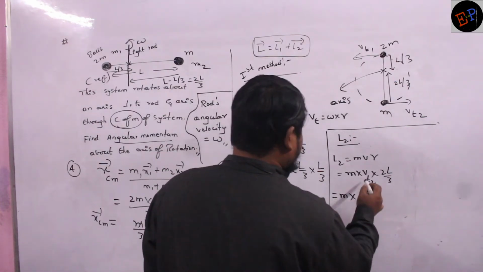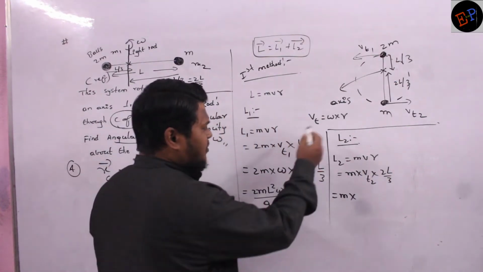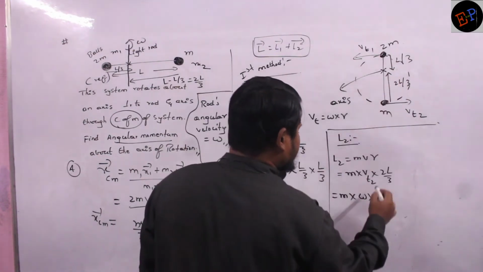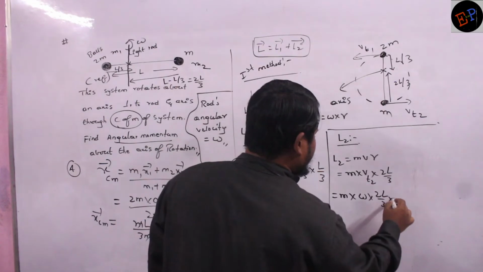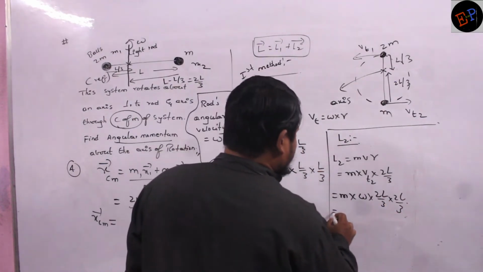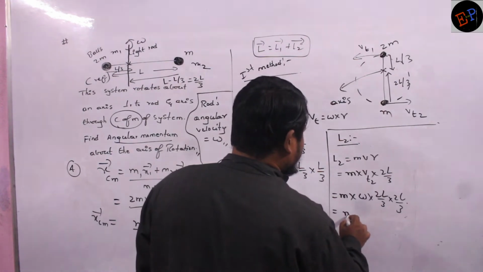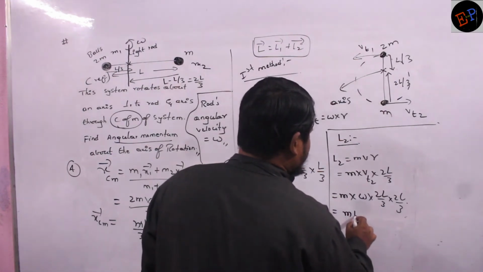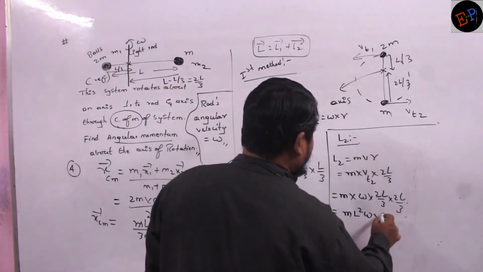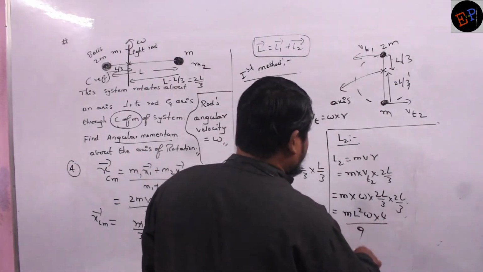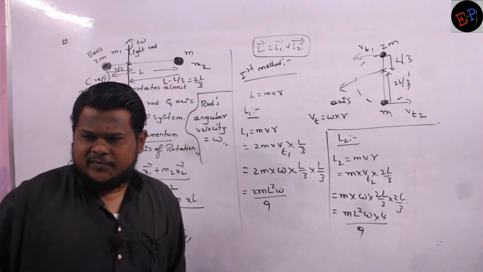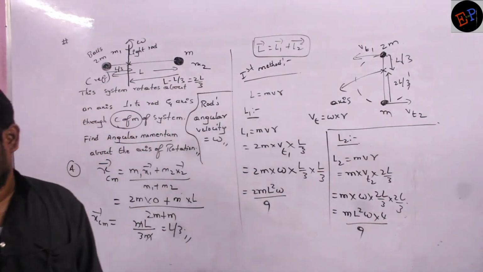Again, the formula for tangential speed is omega into r. So omega into 2L by 3 multiplied by again 2L by 3. Clear now? So again what will I get? m L square omega multiplied by 4 divided by 9. So that is the angular momentum of the second particle.